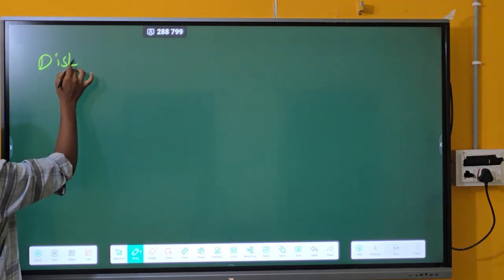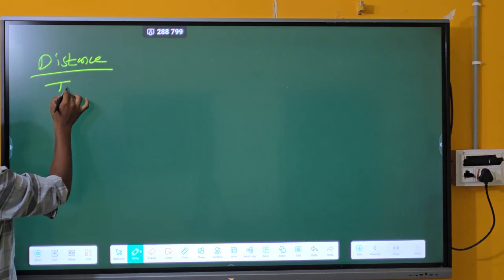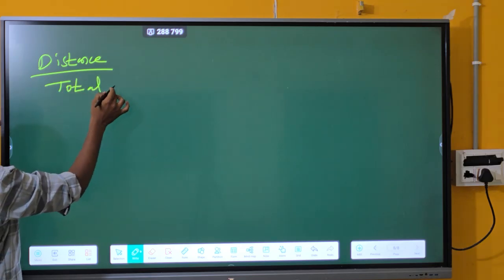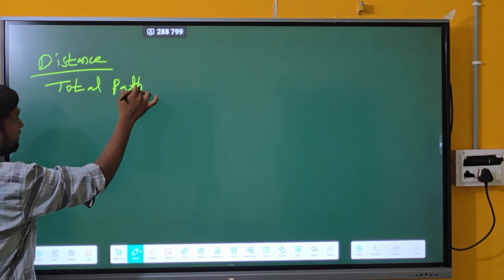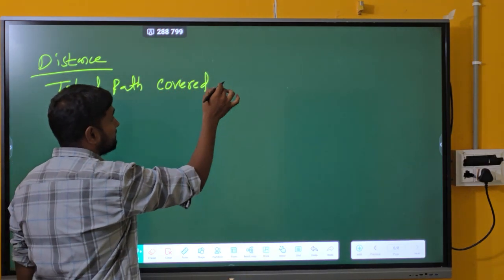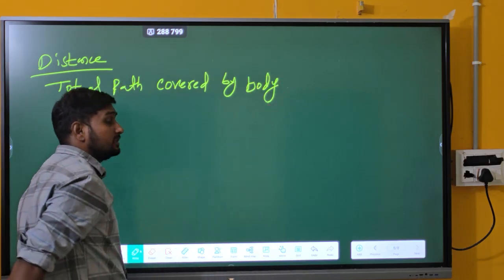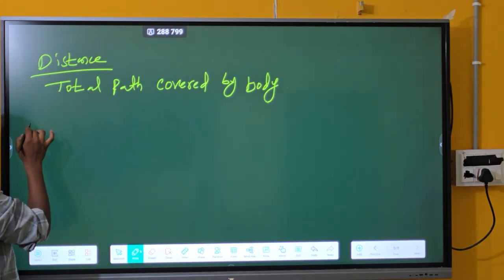Now we conclude, what is distance? Distance means the total path covered by the body. What are the units of the distance?